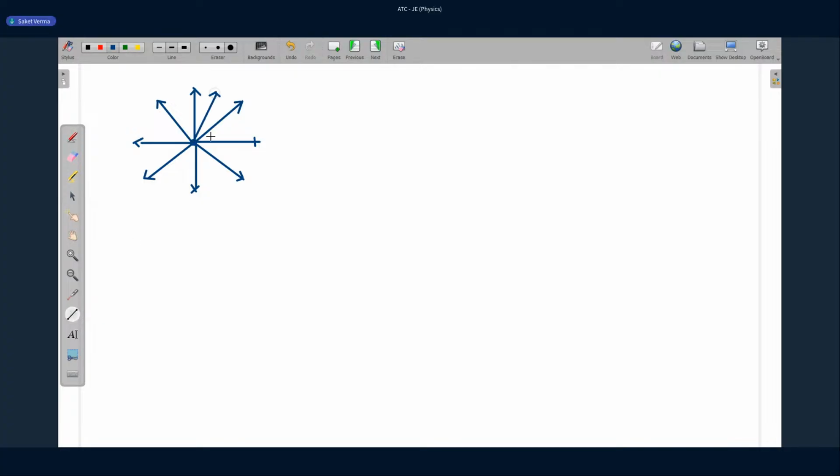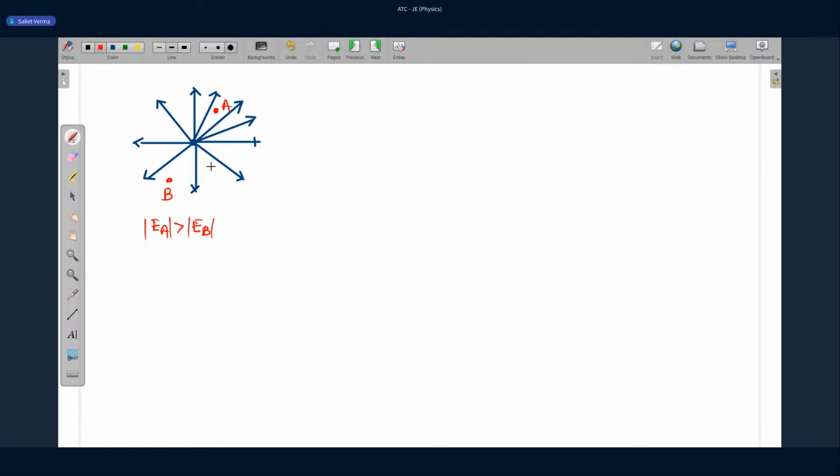Suppose I increase the density somewhere here, and there are two points, point A and point B. Then the magnitude of the electric field at point A will be greater than the electric field at point B, because the density of electric field lines is more here. That's why the electric field will be more here.